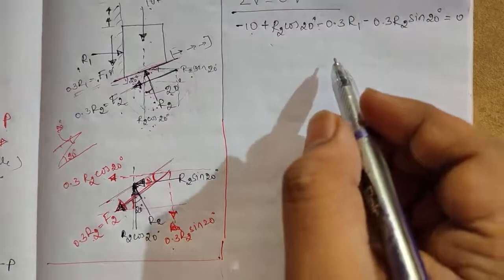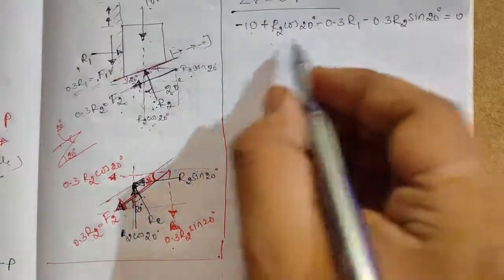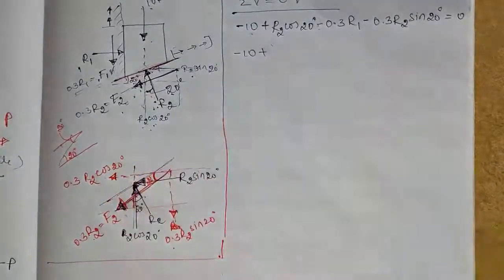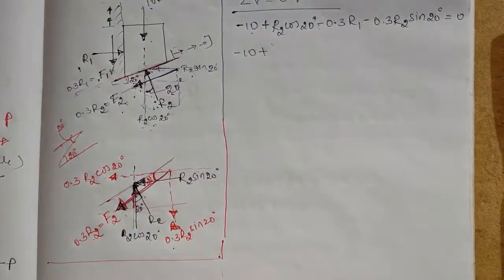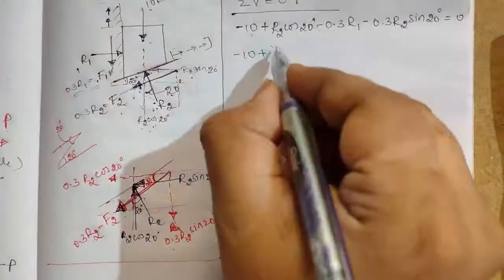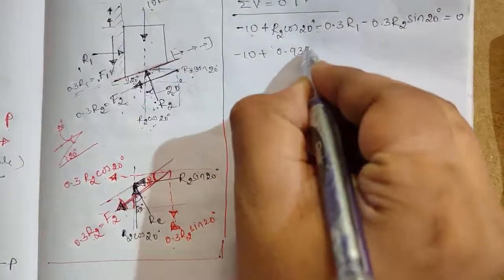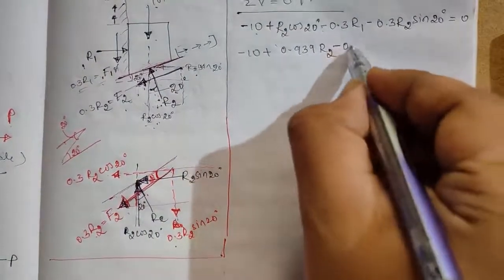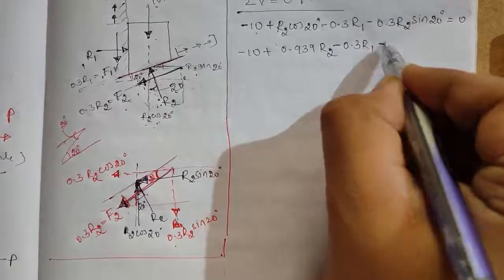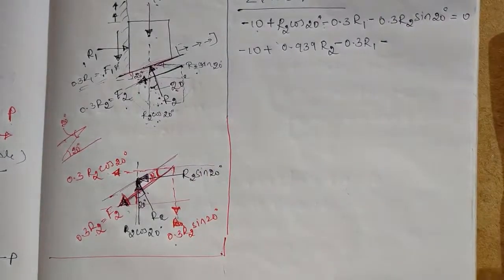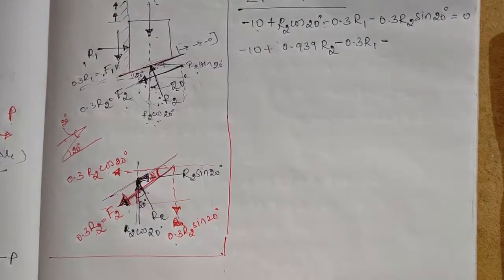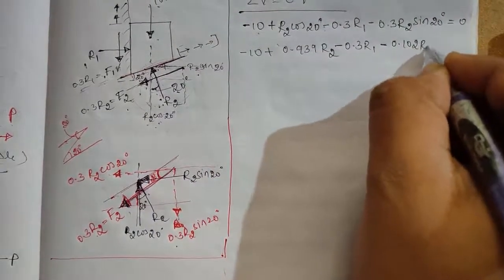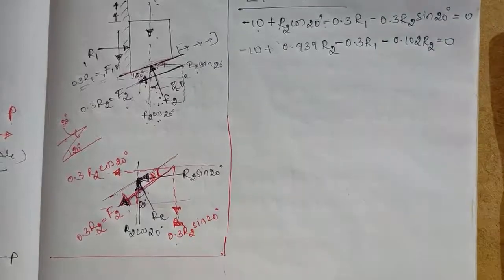Now solve for R1 and R2. Minus 10 plus R2 cos 20 degree, which is 0.939 R2, minus 0.3 R1, minus sine 20 into 0.3, which is 0.102 R2, is equal to 0.